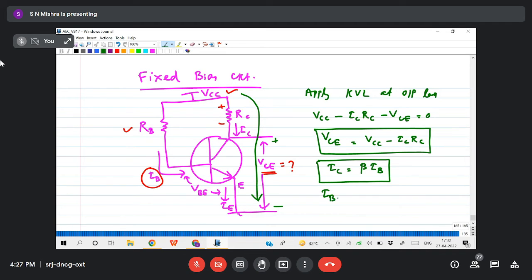So IB equals to, apply KVL in this loop. How to find out IB? Apply KVL in the input loop.